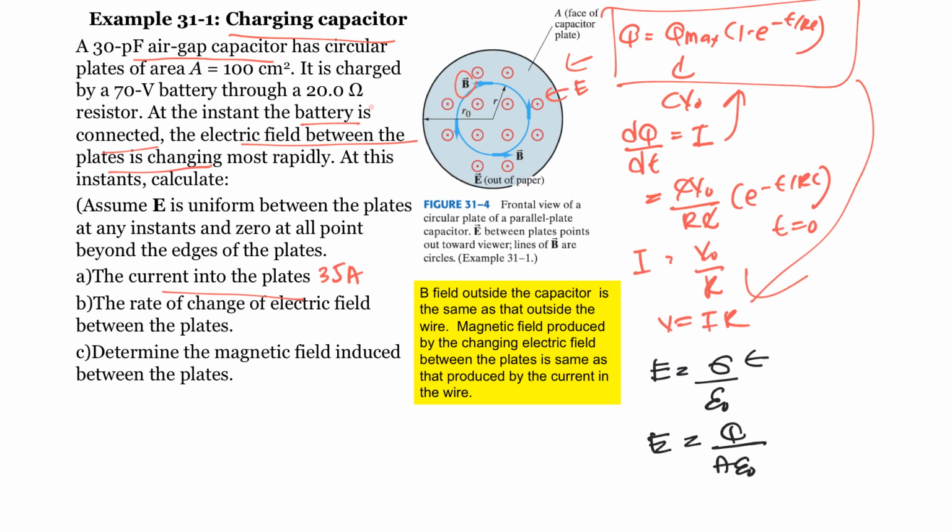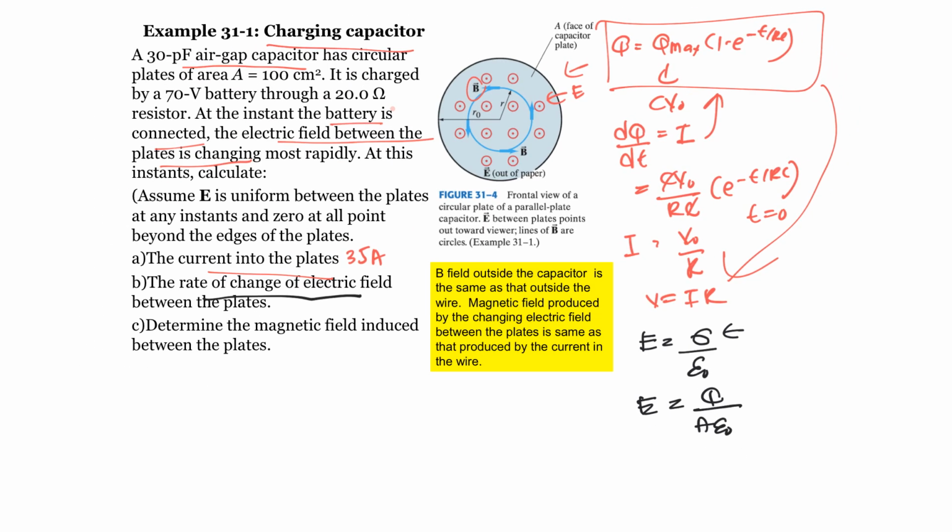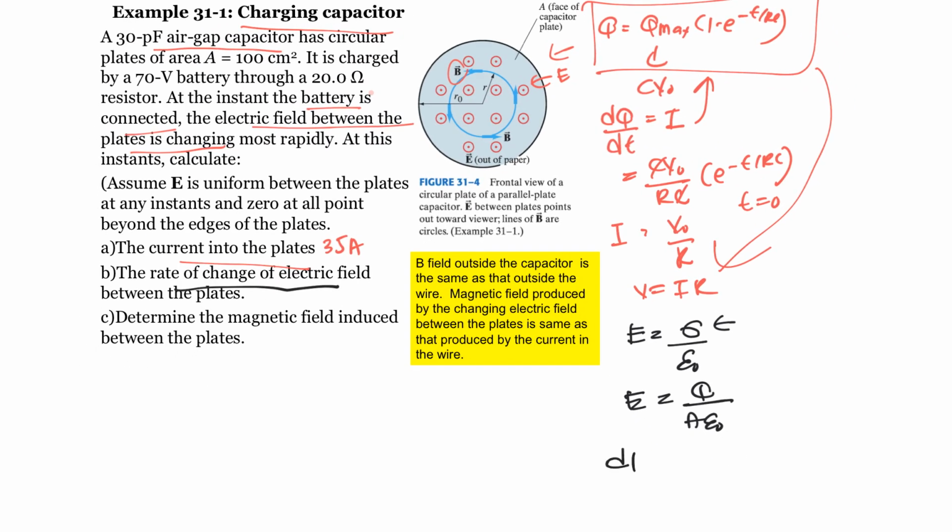Okay, so the question states the rate of change of electric field, which means that you need to find dE over dt. Like I mentioned before, change of charge is going to be related to the change of electric field.